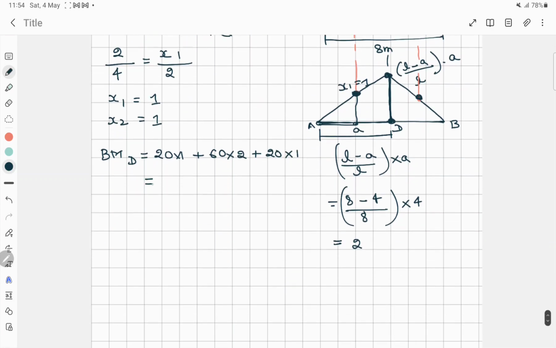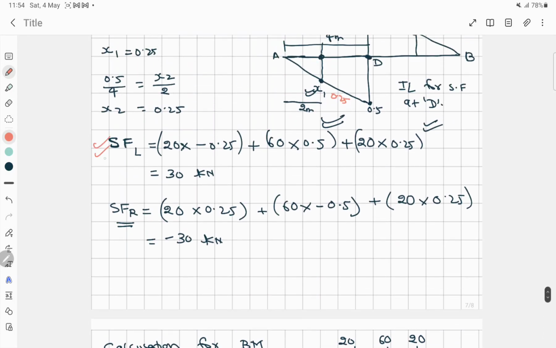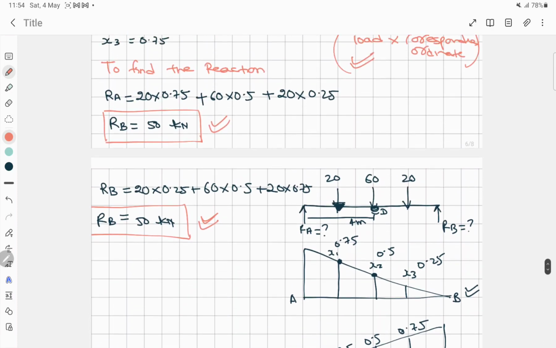So we'll get the value of bending moment at D as 160 kilonewton meter. So now we have all the values with us, that is bending moment at D and shear force, this value and this value, and also the reaction.